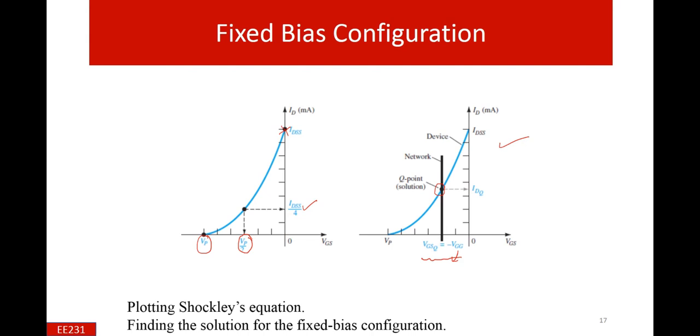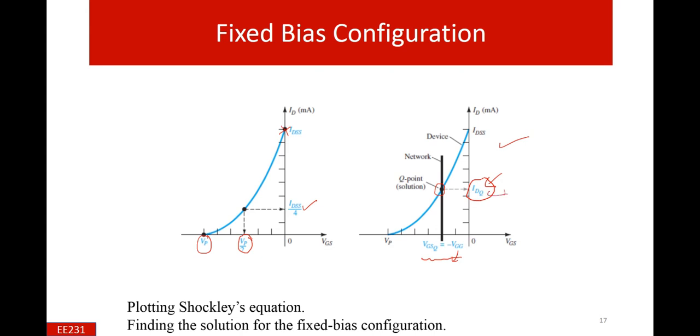With the application of these fixed values of resistors and batteries, we are operating the device at this point without any noise or disturbance. But the stability of the device is not so great, so this point may vary, but anyhow that is not our discussion. Correspondingly, we can find the drain current at that Q point.